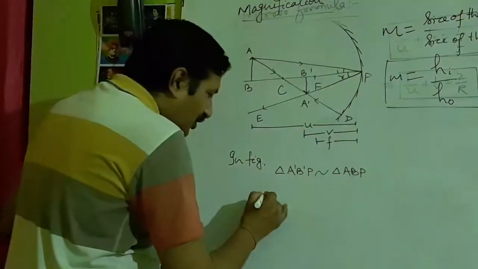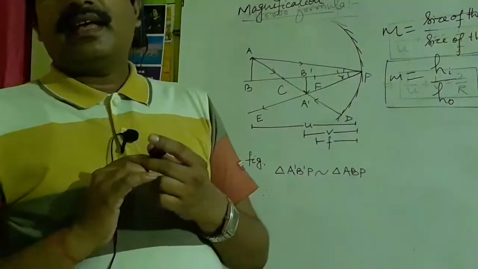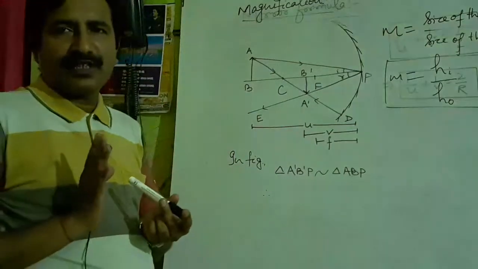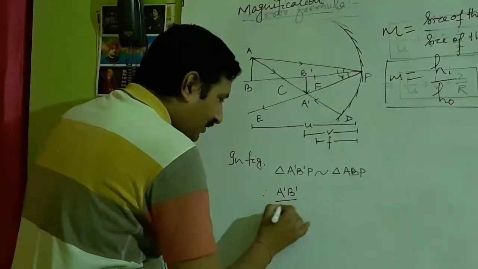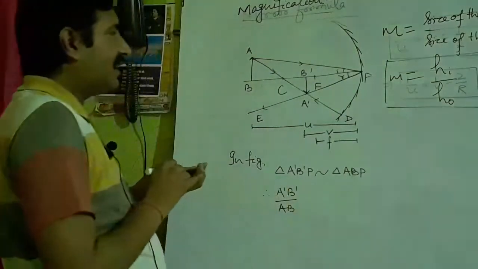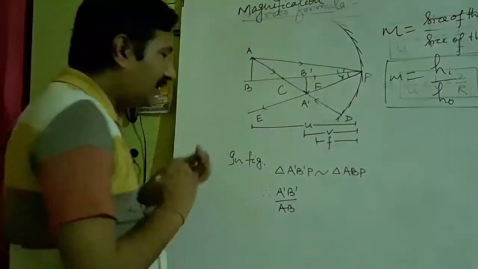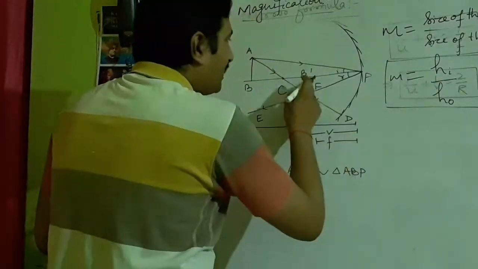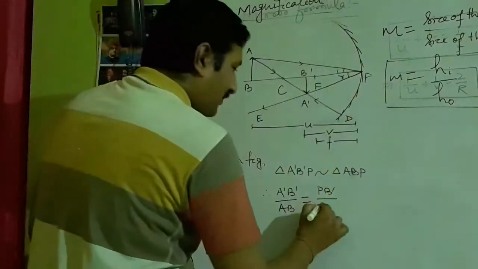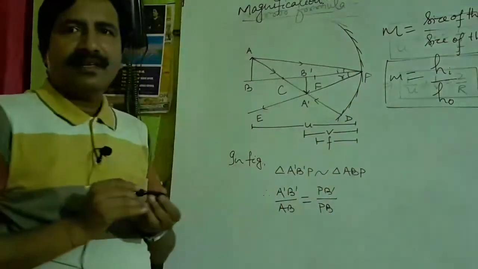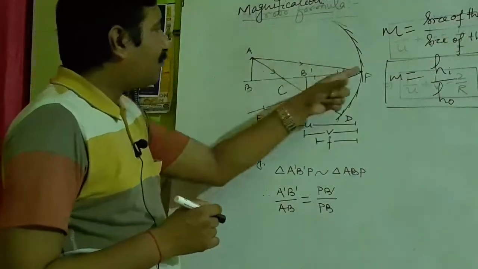And you know, when two triangles are similar to each other, the sides will be in the same proportion. So A'B' by AB, you see A'B' is the image of AB, is equal to PB' by the corresponding side PB, and it will be equal to PA' by PA.